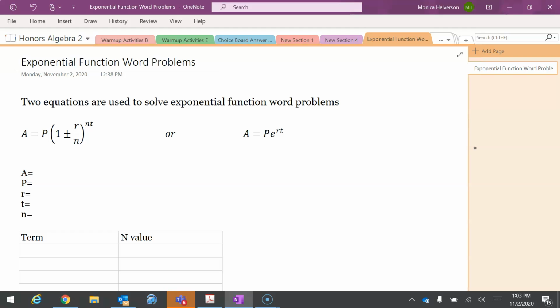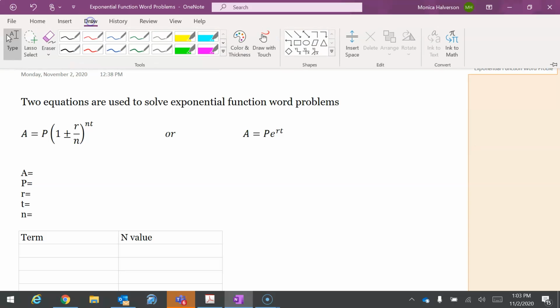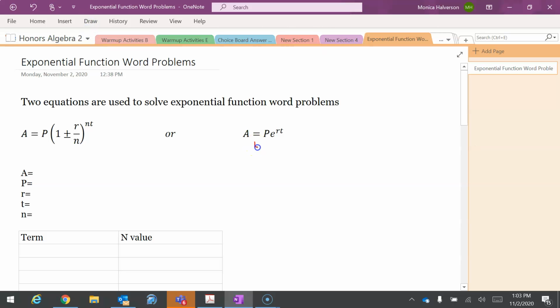The second one is only used if somewhere in the problem it says compounded continuously. Otherwise, we're going to use the first equation.